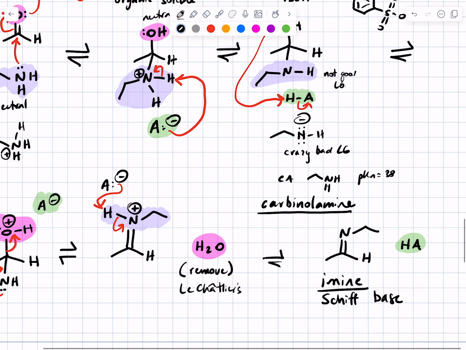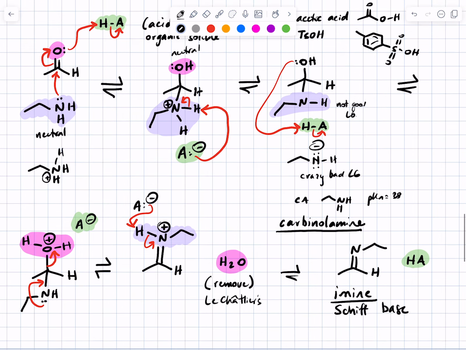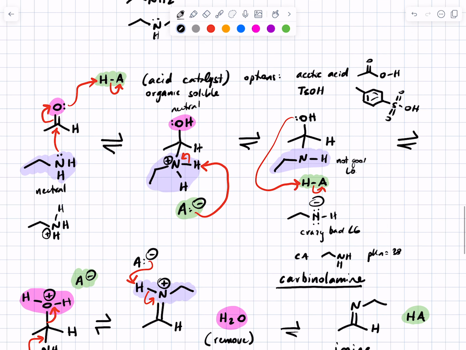What else? Yeah? Is it important to use an acid that's strong but not too strong? It seems like you have to go back and forth a lot of times. Is that why we use specific acids? Yeah, that's a really fascinating question. Do you need an acid that's strong but not too strong?